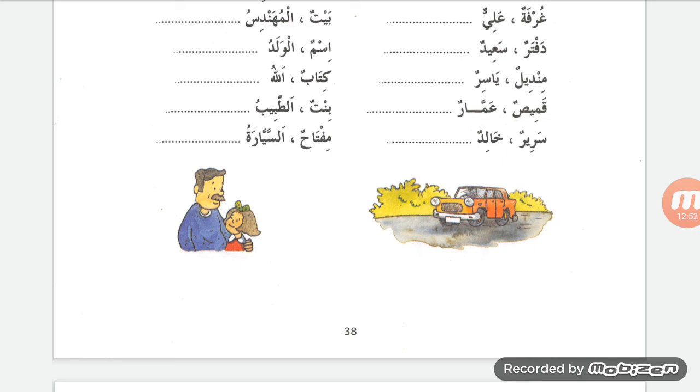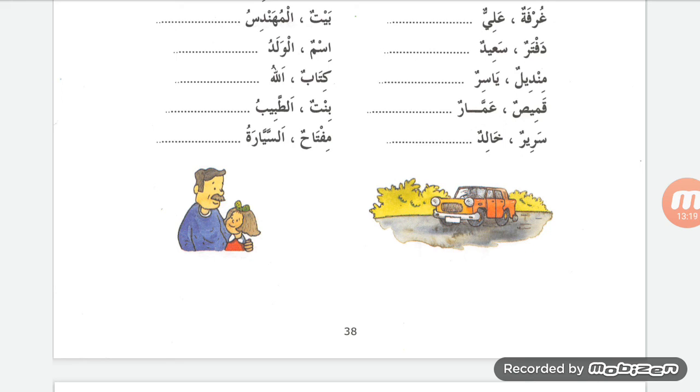room of Ali. And remember the mudaf, the item that is possessed, will not have a tanween, number one, and it will not have alif lam. So here, we can't say ghurfatun aliyin. The mudaf will not have a tanween and it will not have an alif lam. So these are two things you need to remember about the item that is possessed.